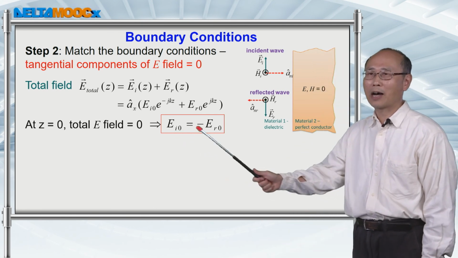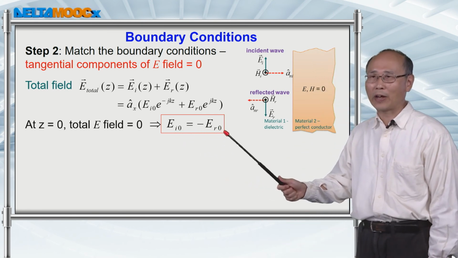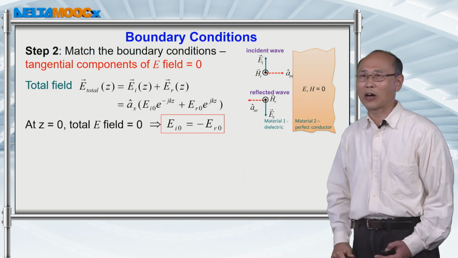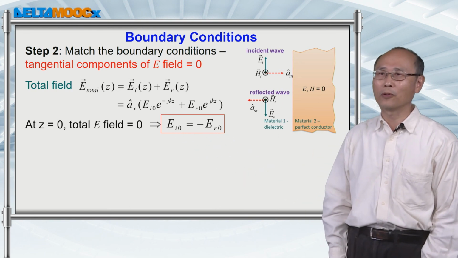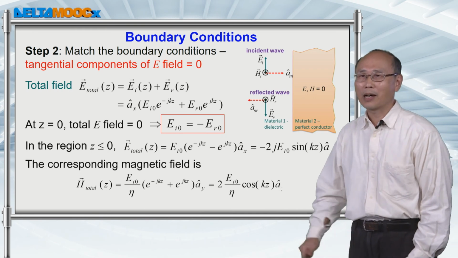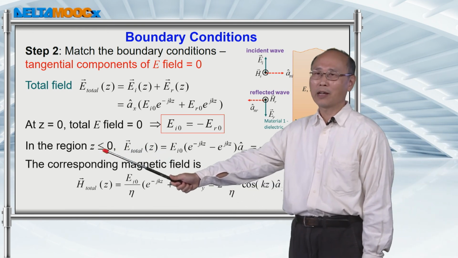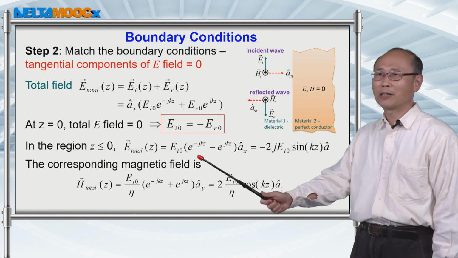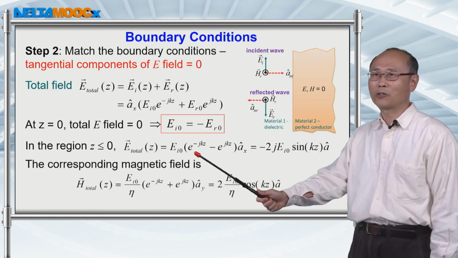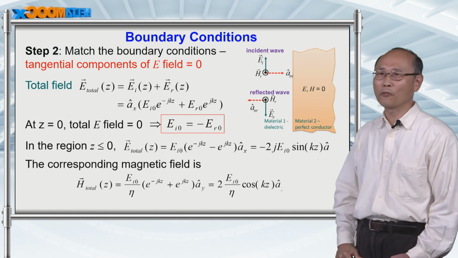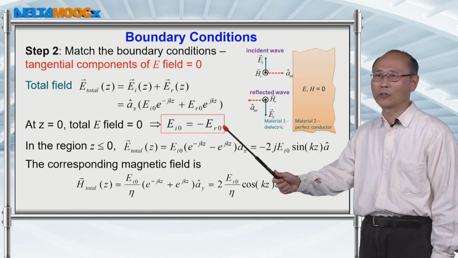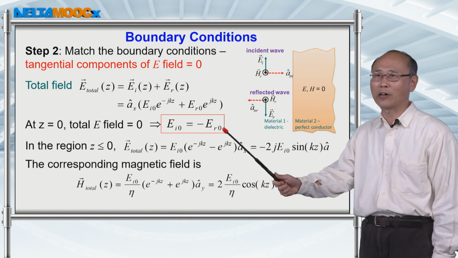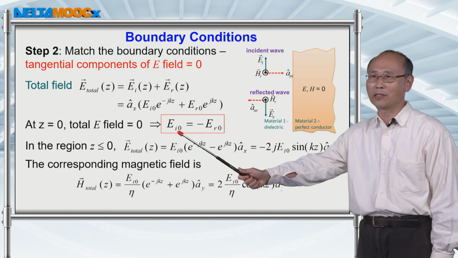So now you express the reflected field component as a function of the incident field component. And in the region z less than 0, which is the region on the left hand side, you can now write down the total field like this, because you already solved for this unknown E_R0 in terms of E_I0.